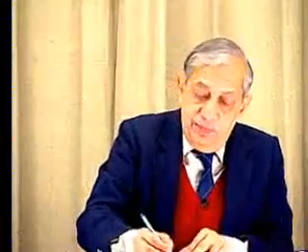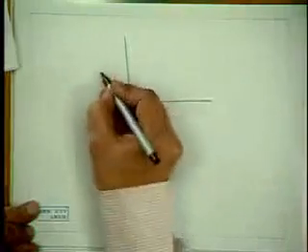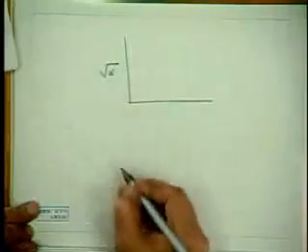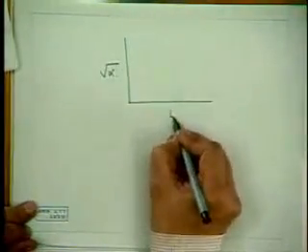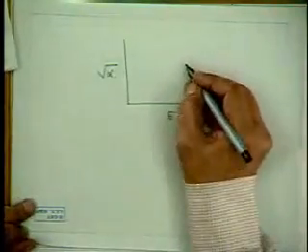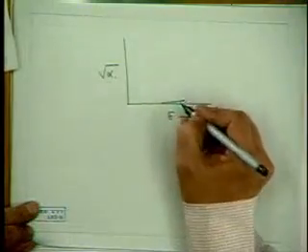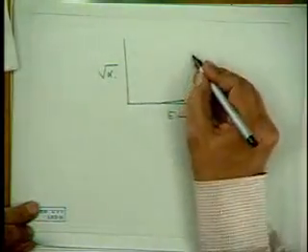And as a result, if we plot root of alpha as a function of E, we find that at very low temperatures there's hardly any phonon absorption.